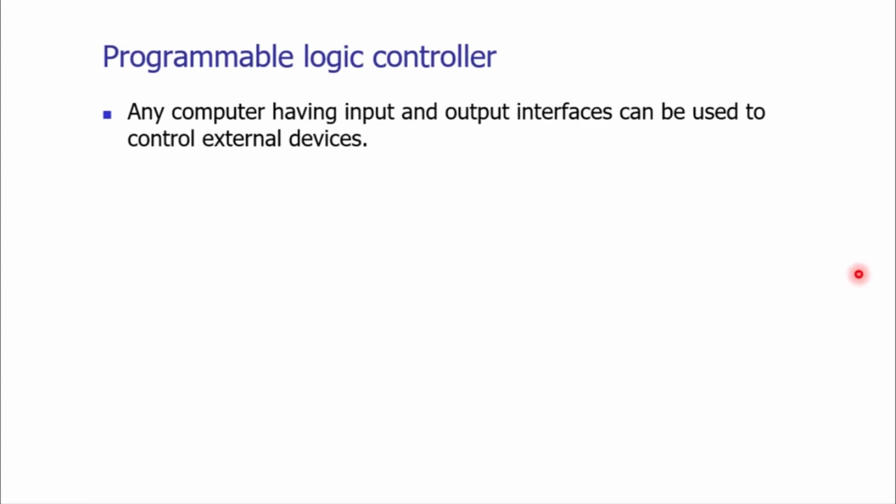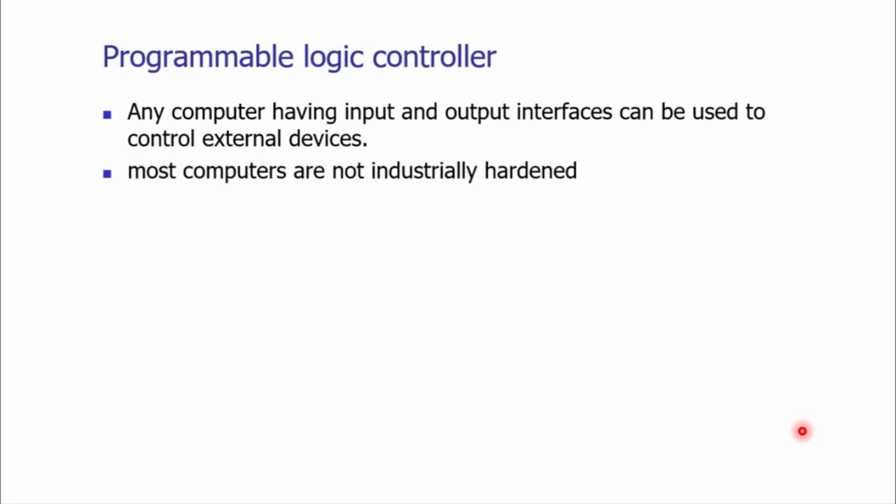The next type of controller is the programmable logic controller, and it is often used in the heavy automation industry. We can say that any computer which has an input output interface which can be used to communicate with external devices is nothing but a programmable logic controller. But what is the difference of a typical PLC from a microcontroller or microcomputer is that those computers or controllers are not industrially hardened.